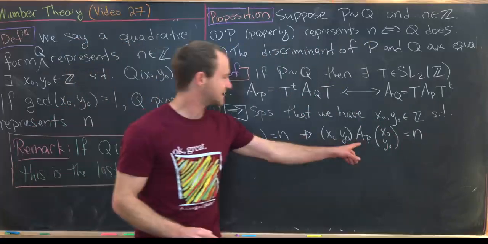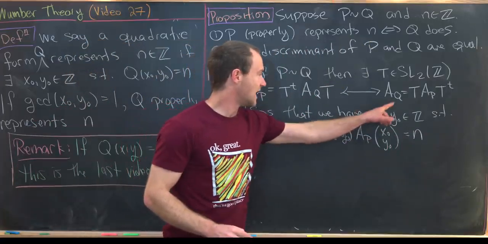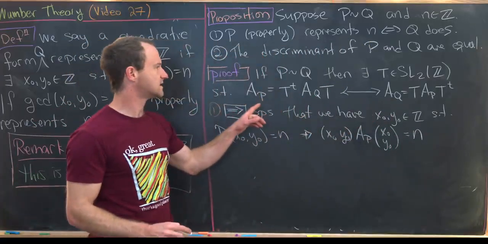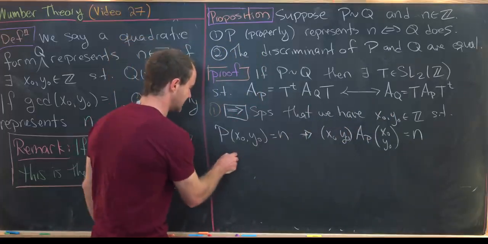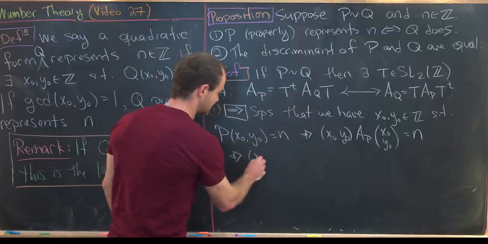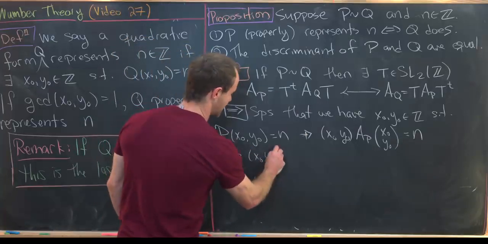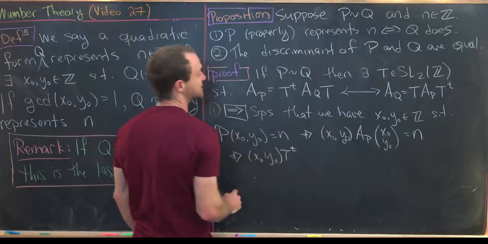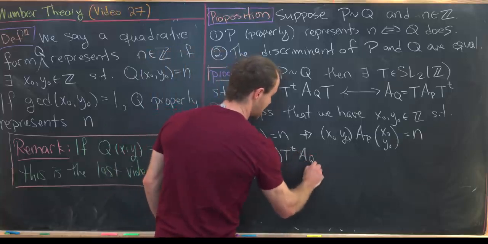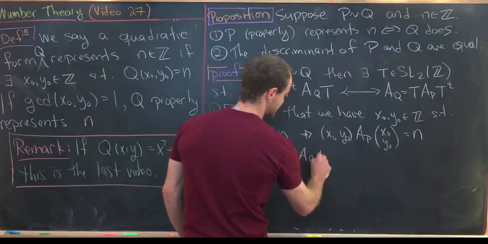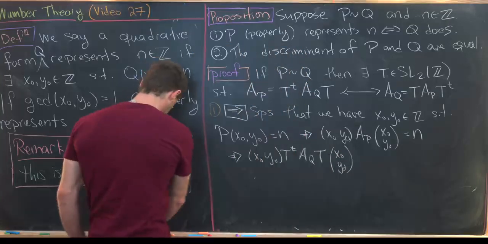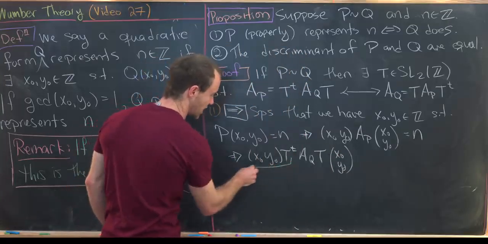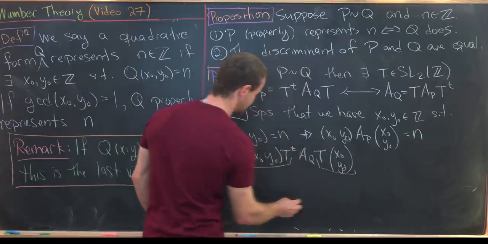But now we can take this A sub P and replace it with T transpose A sub Q T. So let's see, that's going to give us x naught, y naught times T transpose times A sub Q times T times x naught, y naught. But now we'll just push these two things that are hugging A sub Q together.